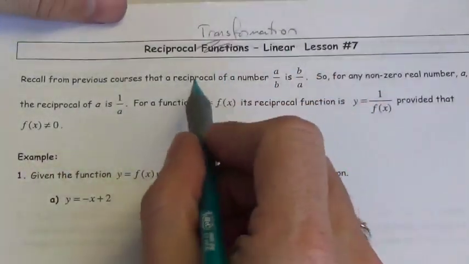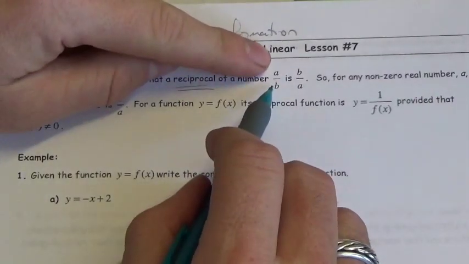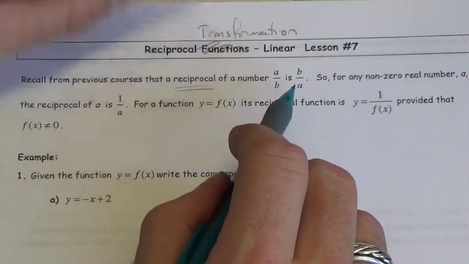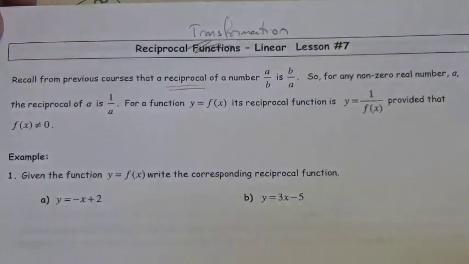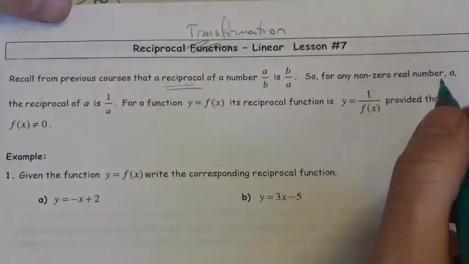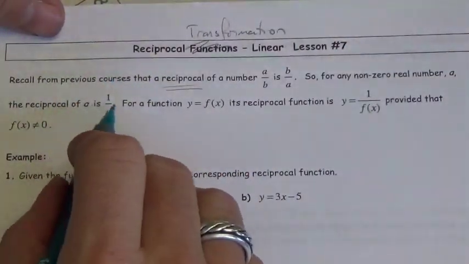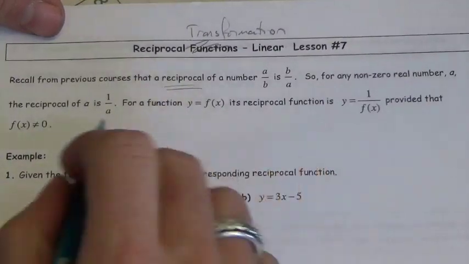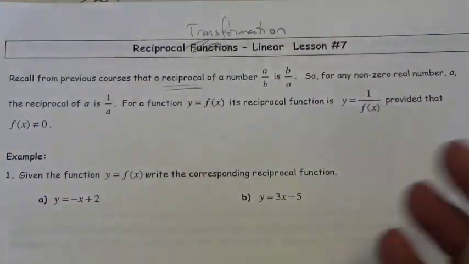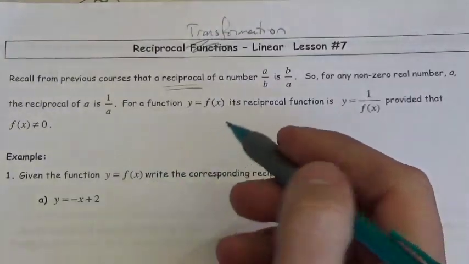Now remember, what a reciprocal is, we take that fraction a over b, and it becomes b over a. Just like if you've got any kind of non-zero real number, the reciprocal of that value is simply going to be 1 over that particular value. That's all we're doing, 1 divided by that value.